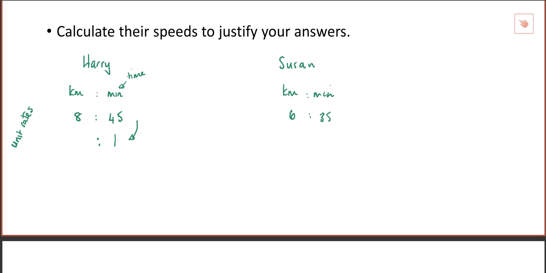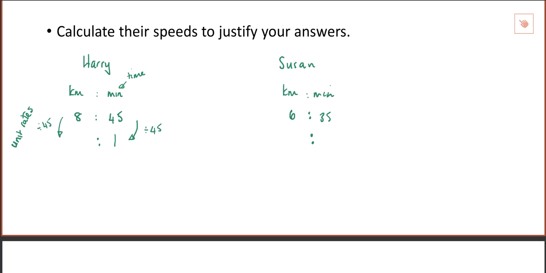How do we work out how far he'd go in 1 minute? Divide by 45. So let's divide 8 by 45.